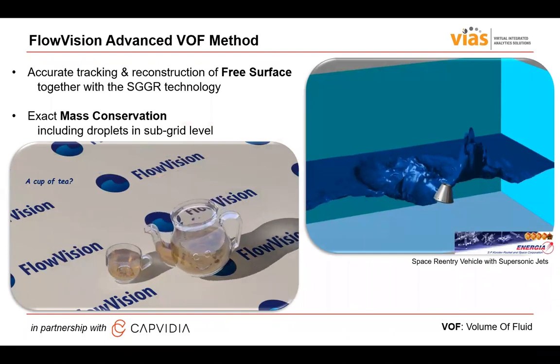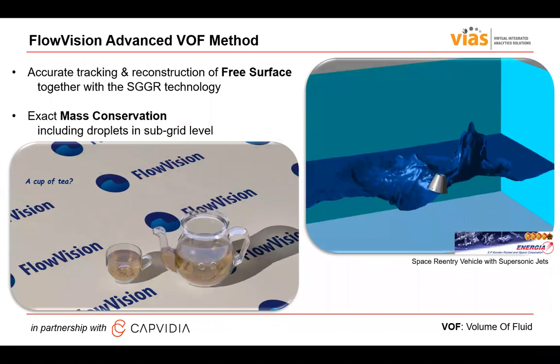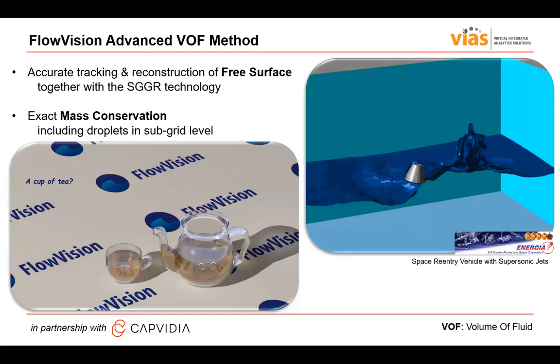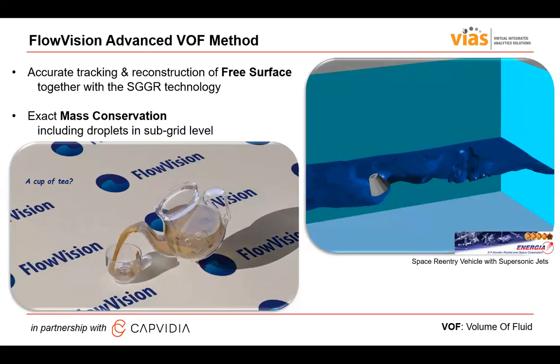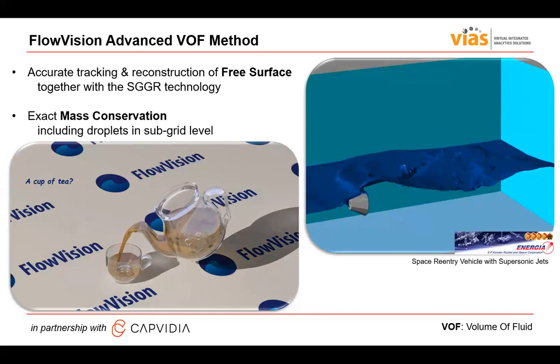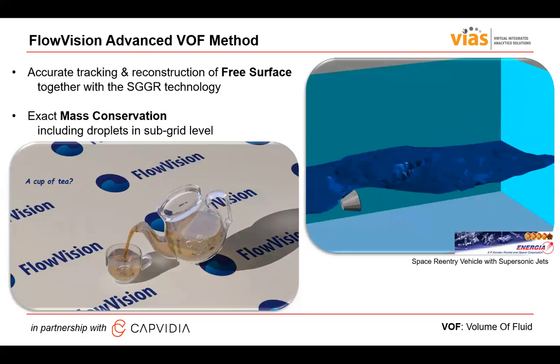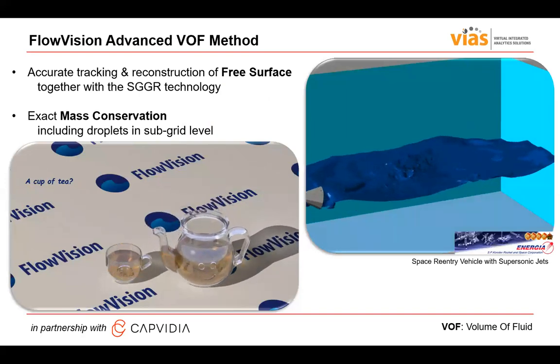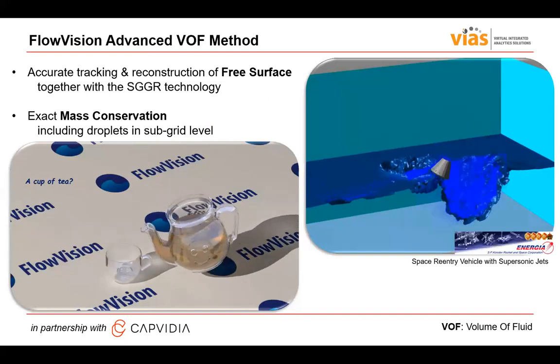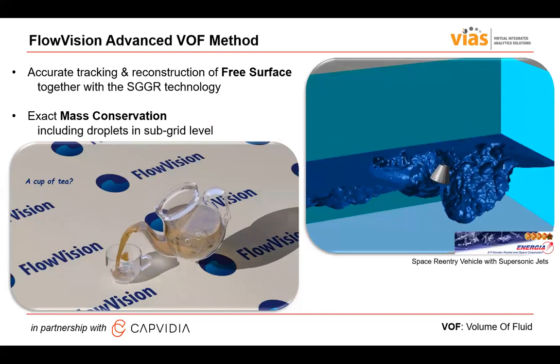Here we again play the card of subgrid geometry resolution, and we move the VOF methodology one step forward. Instead of just representing each cell with a percentage of phase existence, we reconstruct the free surface with the SGGR technology. So the result includes the free surface topology.